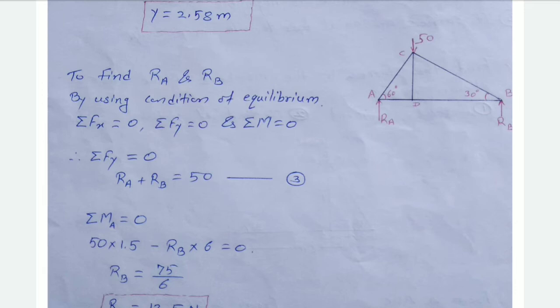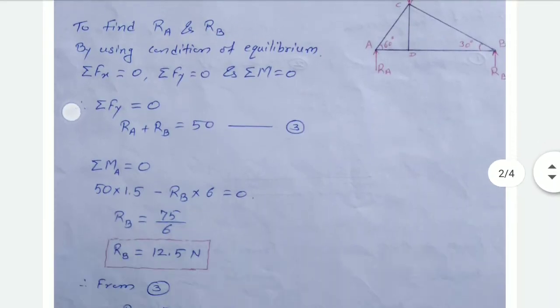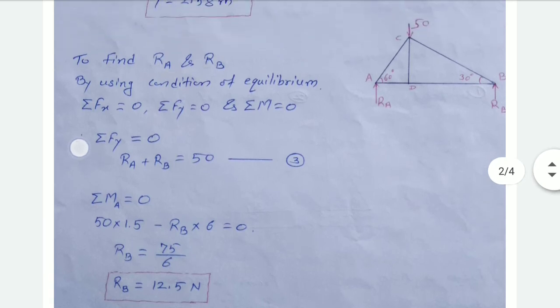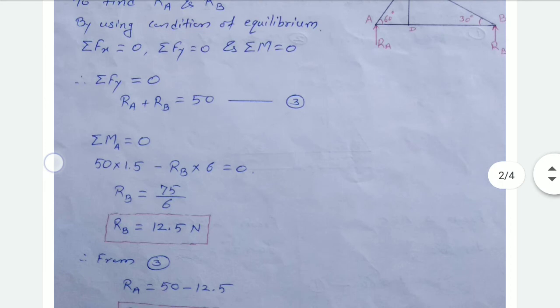So 50 into its distance from point A, which is x, and x is equal to 1.5, we have calculated this. So 50 into 1.5, minus because RB is in the anti-clockwise direction, RB into the total distance A to B, which is 6. So 50 into 1.5 minus RB into 6 is equal to 0. So we get RB is equal to 12.5.